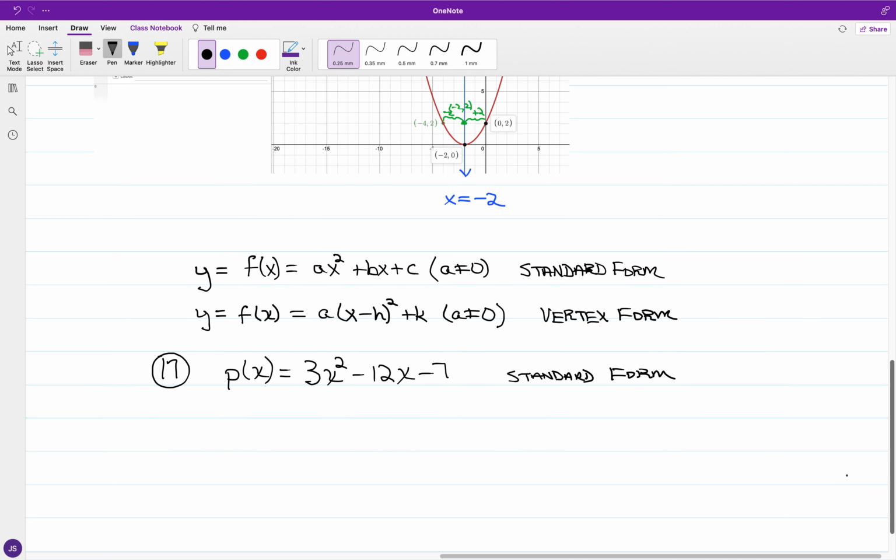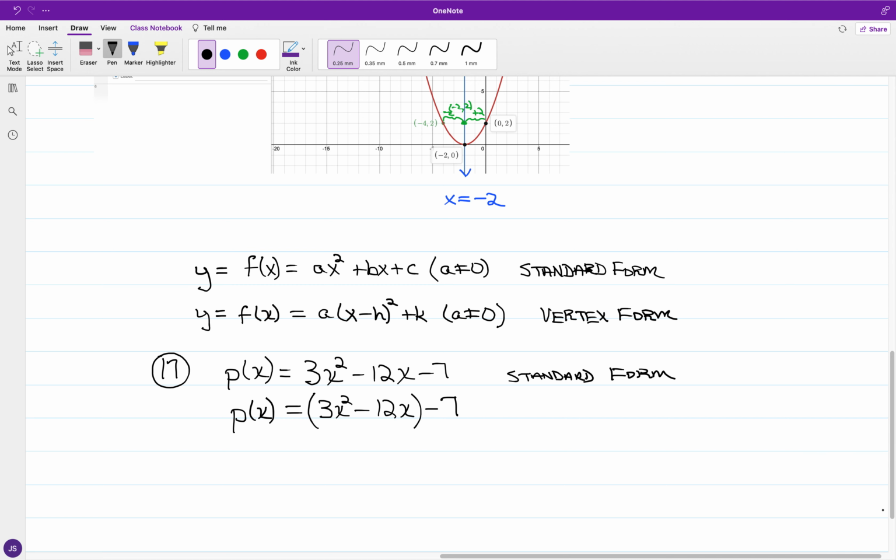And looking at translating to the vertex form, what I'm going to do first of all is put parentheses around the variable terms. So p of x is equal to the quantity of 3x squared minus 12x, followed by the subtraction of 7.